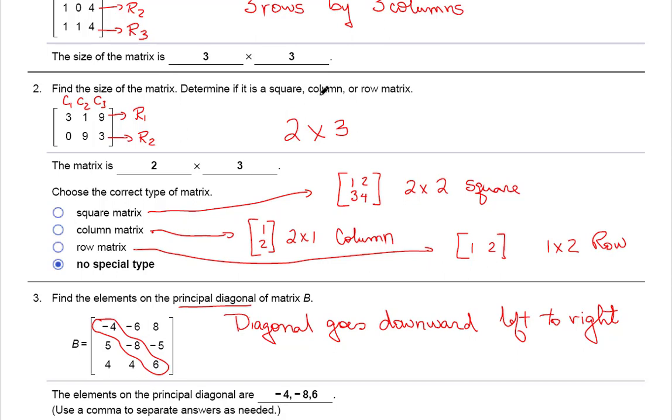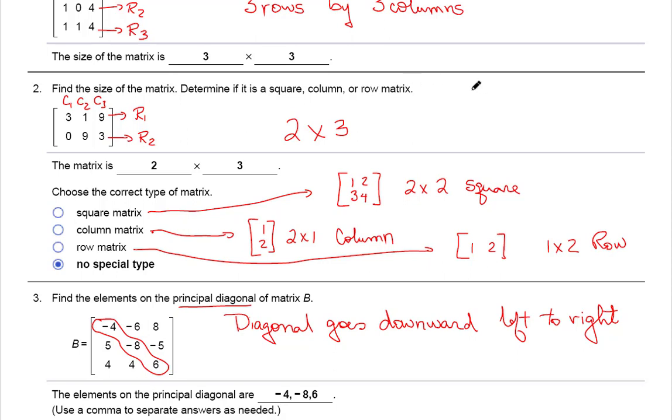Is it a column matrix? A column matrix can have many rows but just one column. And a row matrix is a matrix that has only one row and many columns.